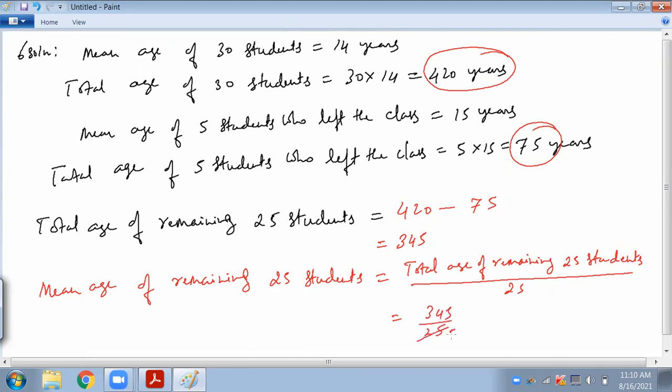Got it? 5 5 is 25, 5 6 is 30, 5 9 is 45. 69 by 5, and 69 by 5 is 13.8 years.